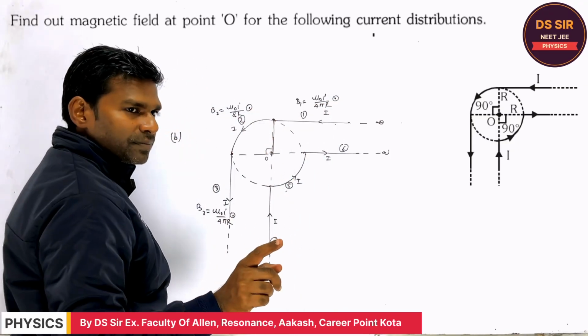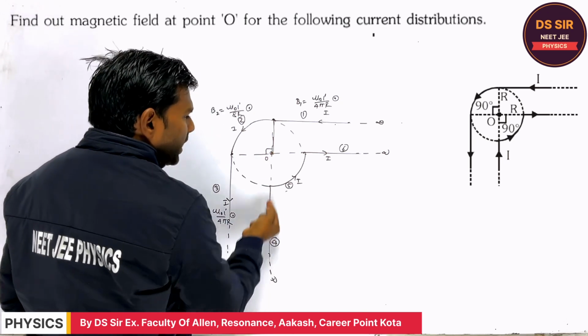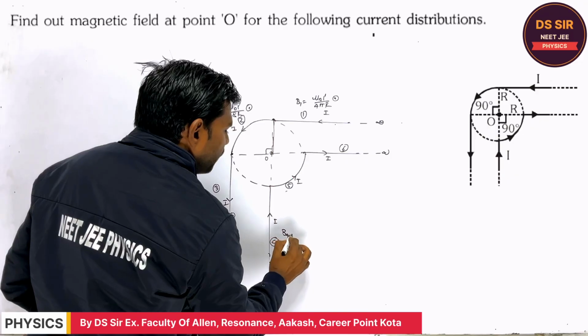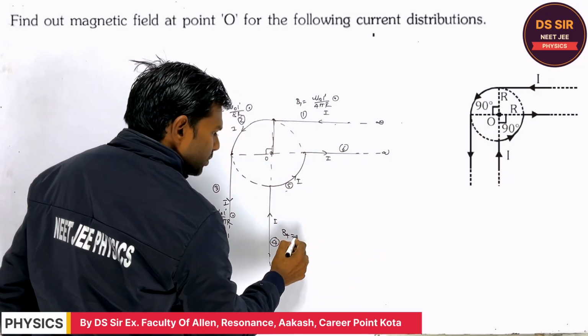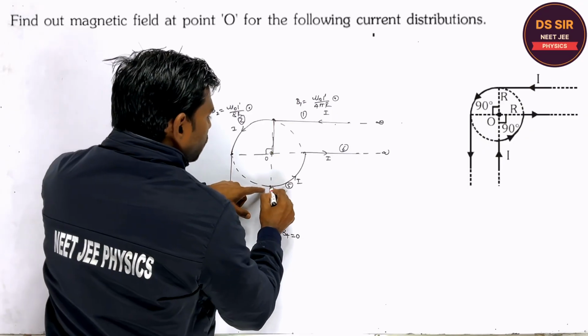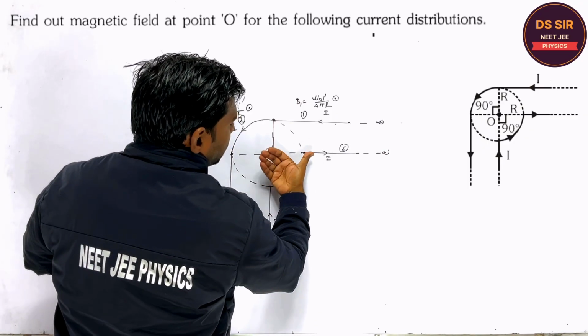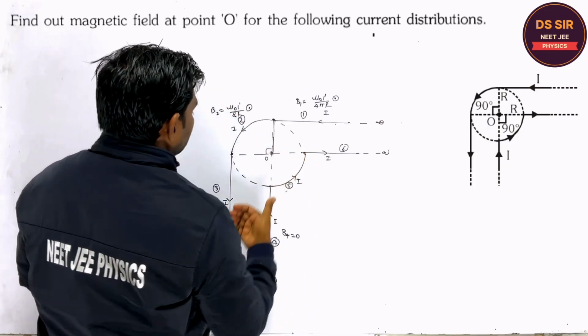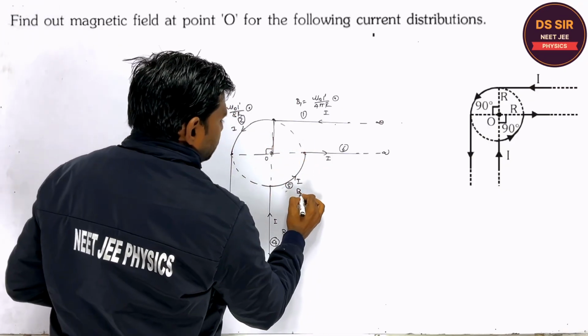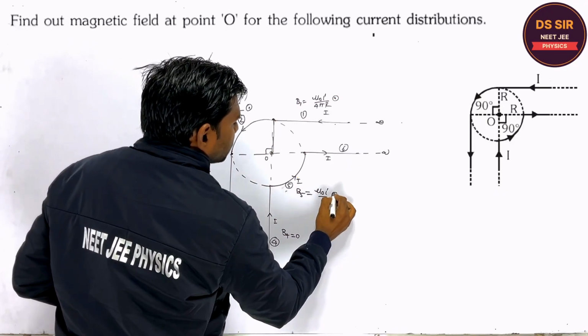This is the wire, and the point lies on the line of the wire. B4 is 0. This is the quarter circle, mu naught I upon 8R, direction out. B5 is mu naught I upon 8R.